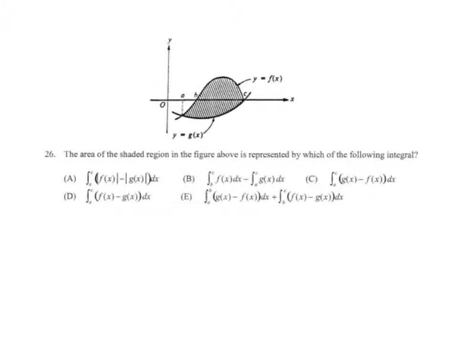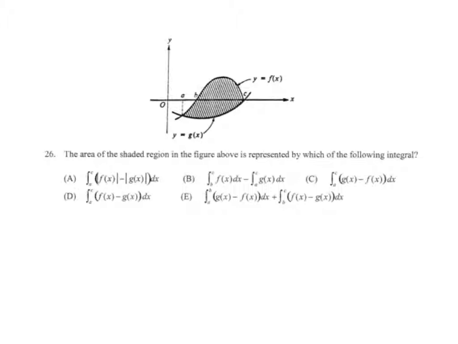Now, as I was looking through this exam, I remember that there were some problems on here that could be kind of tricky. We haven't necessarily covered the specifics about those, but you do have the tools to complete these particular problems. One of those is problem 26, and it is also comparable to problem 17, which is very similar, where they're asking you to find the area between two curves.